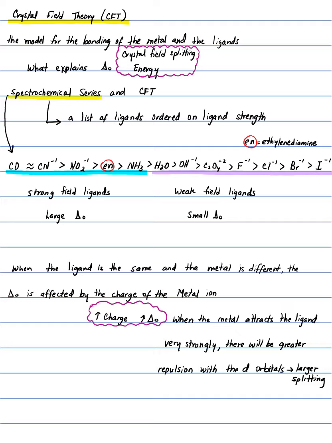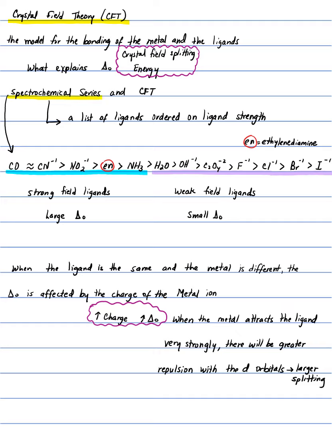This is the list that I have here. So you have different ligands listed there and they are in order. I have highlighted in blue the ligands that are strong field ligands. They are classified as strong field ligands because they will cause a large splitting in your d orbitals.